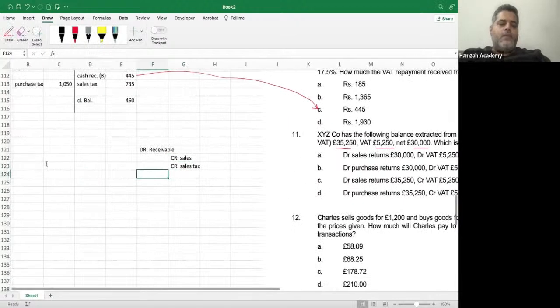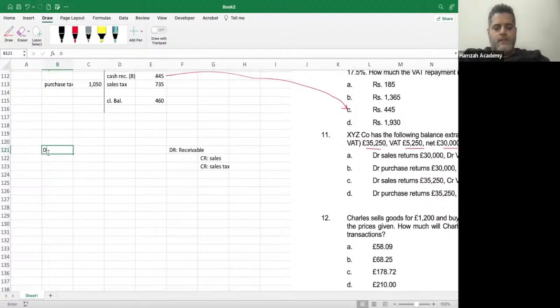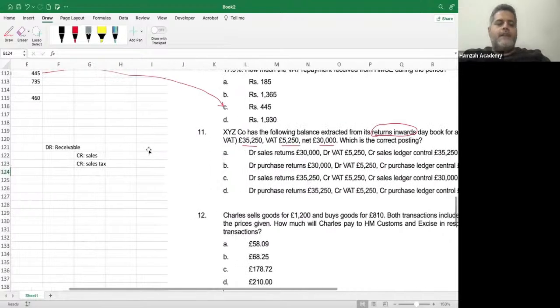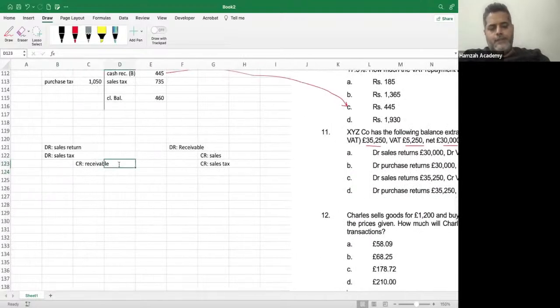And now when there is a reversal, this is going to be debit sales return, debit sales tax, and credit receivable. Right now, the total including VAT, 35,250, is going to be for the receivables.